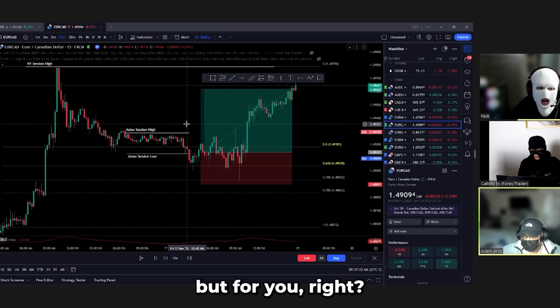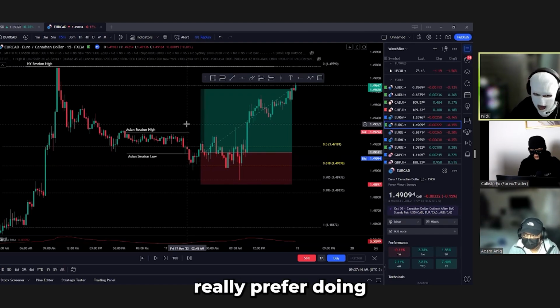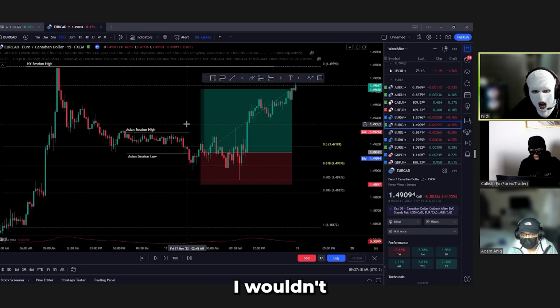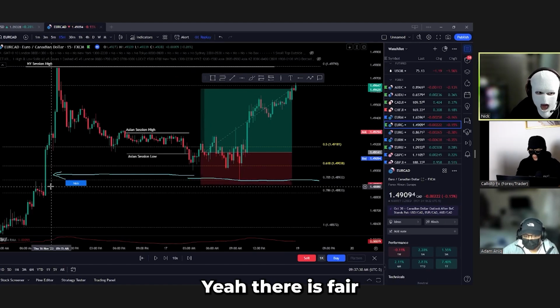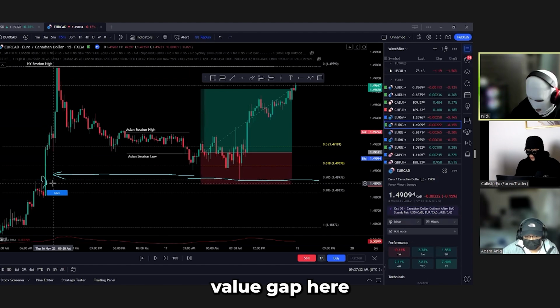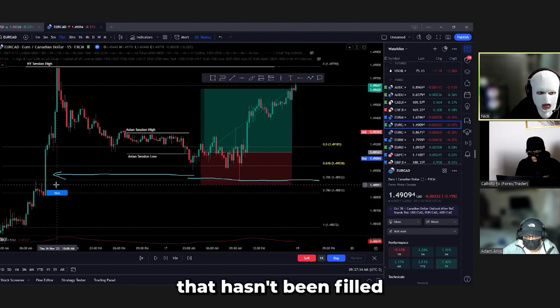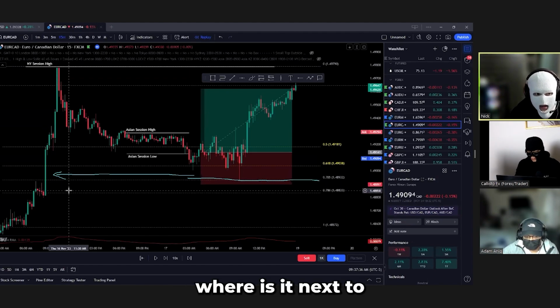But for you, what I would really prefer doing, and this might be a bit controversial, is I wouldn't just put my stop loss below a 0.75 level. There is a fair value gap here that hasn't been filled. And where is it next to?